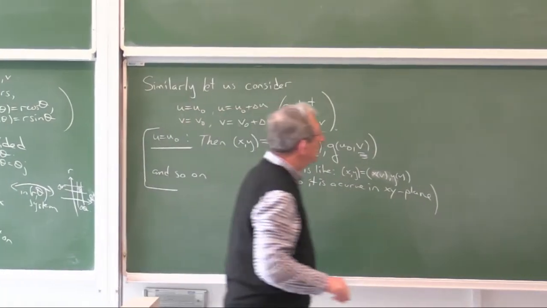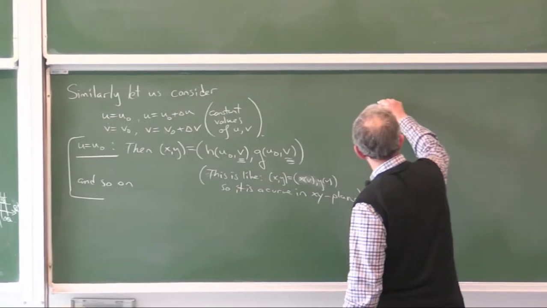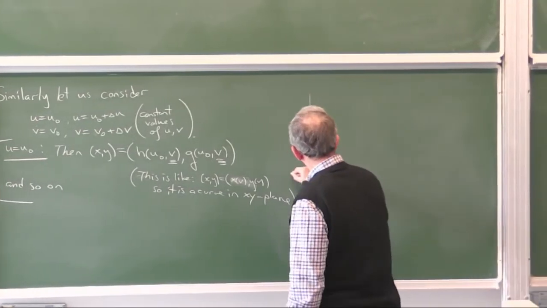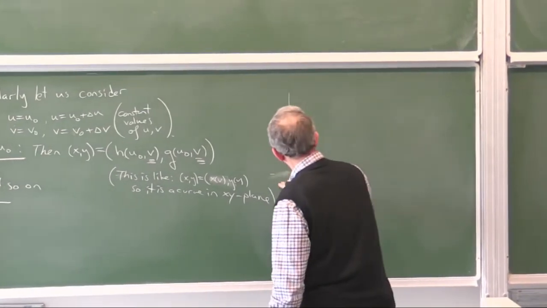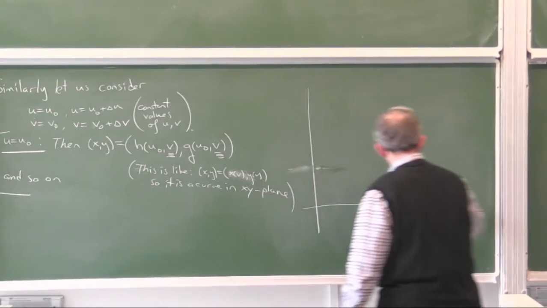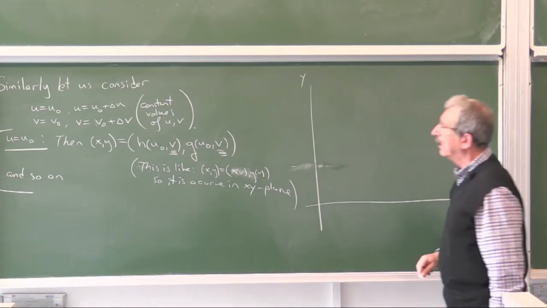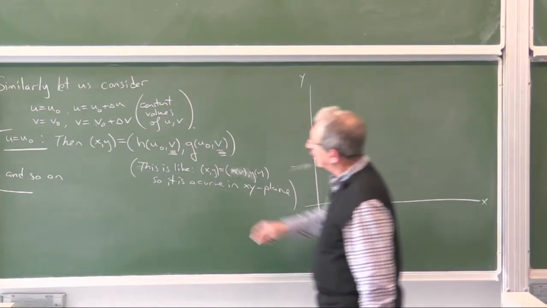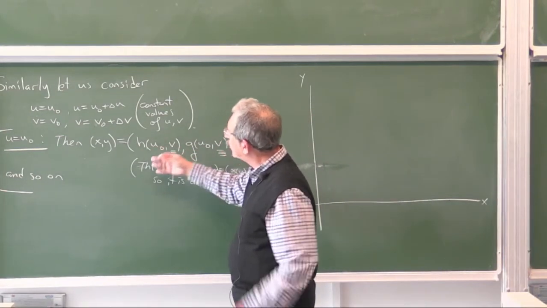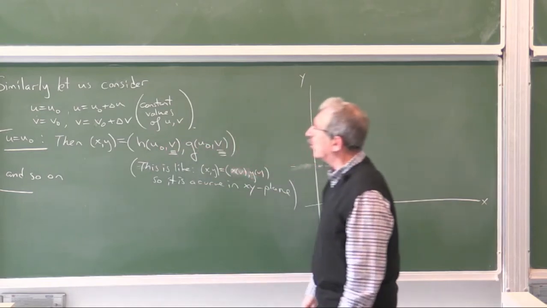Now, let us sketch this in detail in the xy system. Well, u is u0 is a curve, as we saw here.